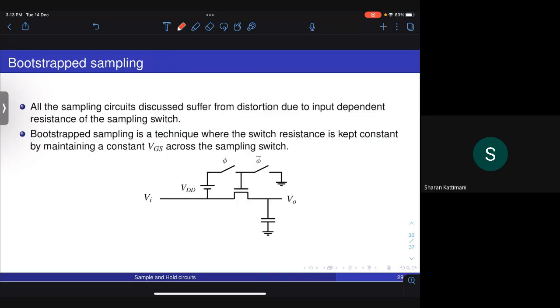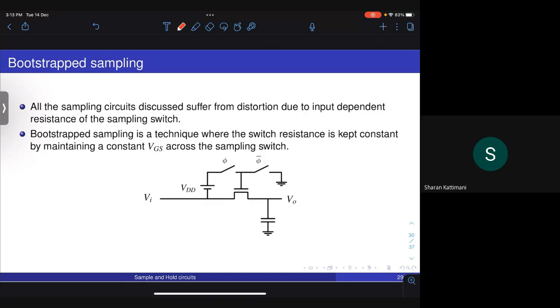In the little time that we have, around 15-20 minutes, we'll look at one last technique, which is known as bootstrap sampling. So what is bootstrap sampling? All the sampling circuits that we have discussed till now suffer from distortion due to input dependent resistance of the sampling switch, right?